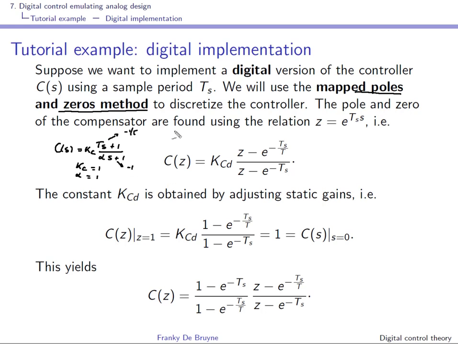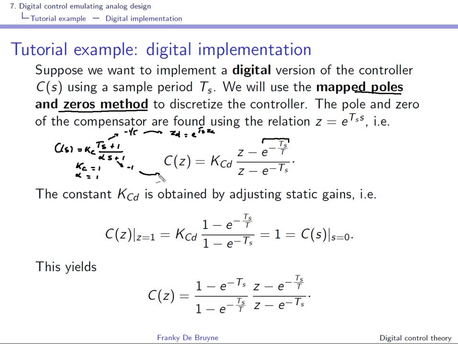So the discrete zero will be the exponential of Ts times the continuous-time zero, and this will result in this zero over here.